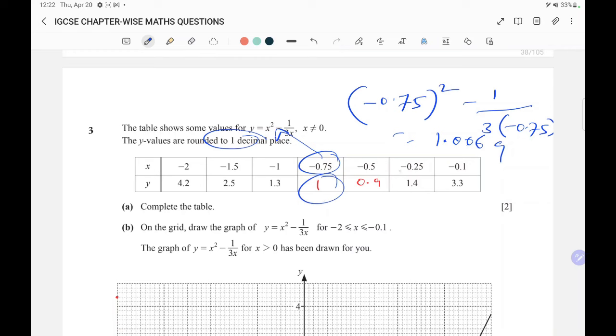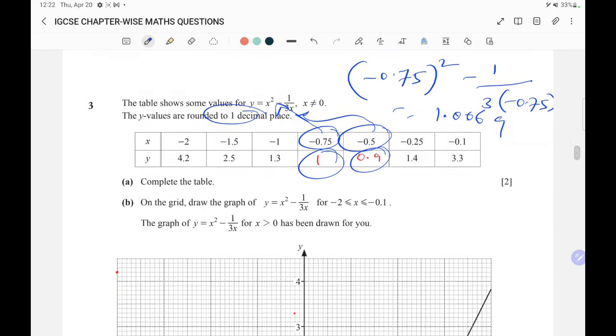That's how I got 1. Similarly, if you put minus 0.5 here, you will get 0.9 something, but to one decimal you will get 0.9.